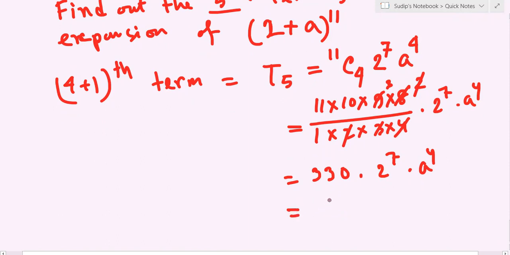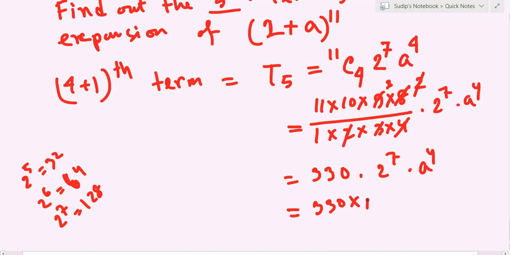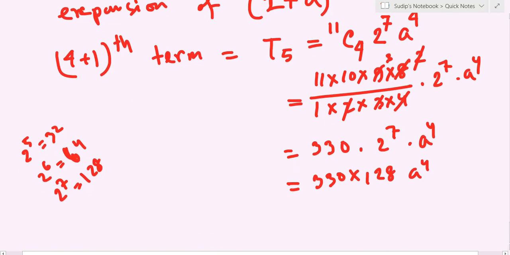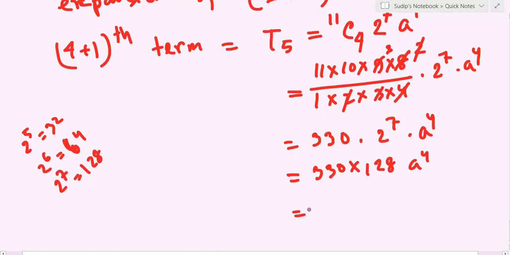2 to the power 5 means 32, 2 to the power 6 means 64, 2 to the power 7 means 128. So 330 into 128 a to the power 4, which is equal to 330 into 128.